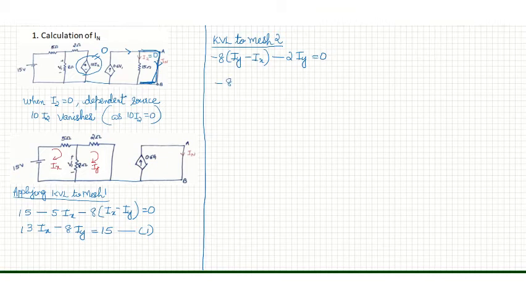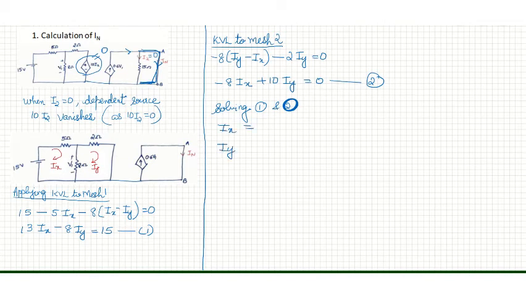This gives minus 8ix plus 10iy equals 0, equation number 2. Now solving equations 1 and 2, we get the values for ix and iy. Upon solving, ix is equal to 2.27 amperes and iy is equal to 1.82 amperes.